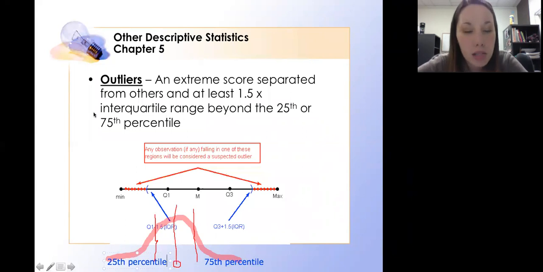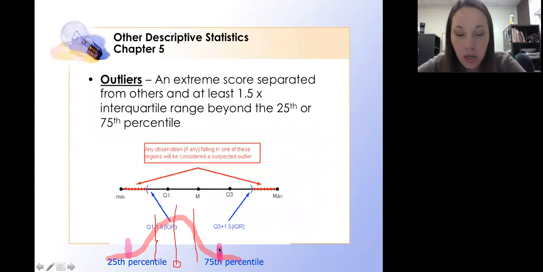So outliers are those scores that move 1.5 standard deviations past both the 75th and the 25th percentile marks. So those scores are the ones that are so extreme that they fall somewhere over here.